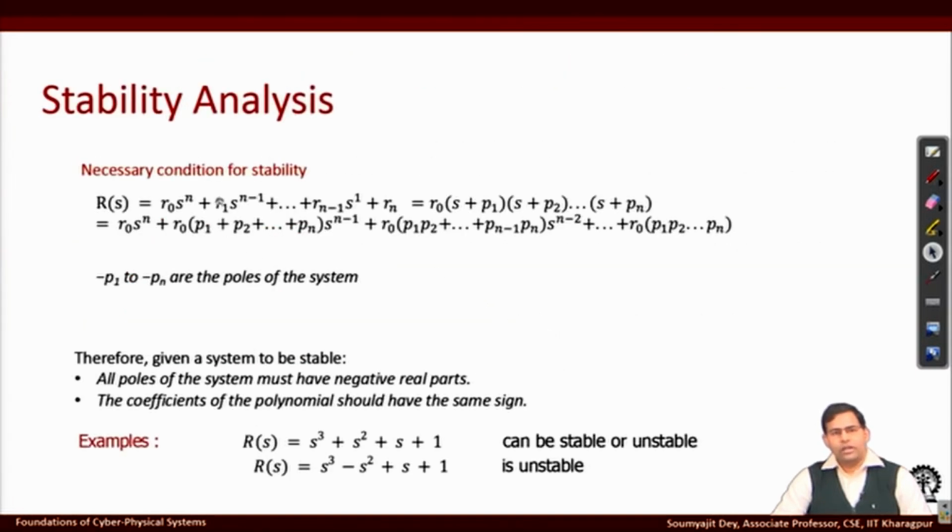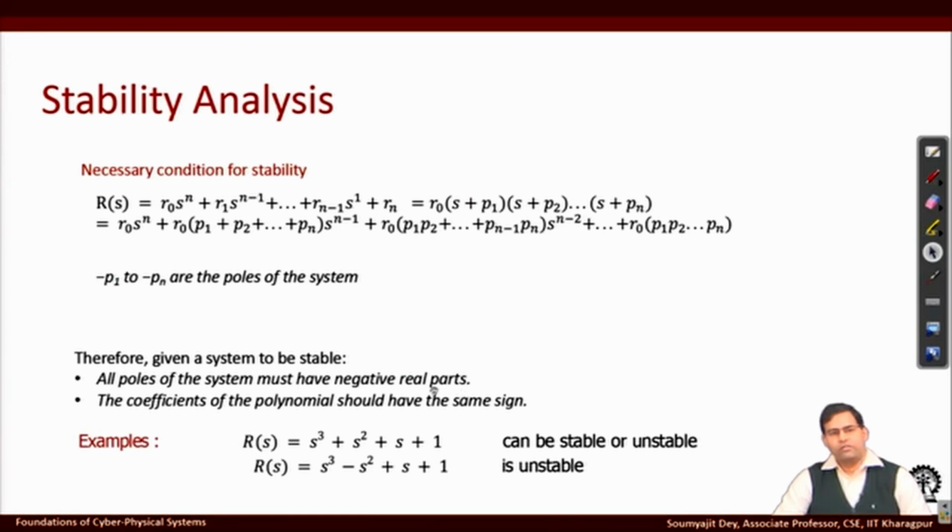So, again repeating, the necessary condition would be like this. Let us say this is your polynomial here, and from this polynomial if you create the factors and find out what the pole positions are, these are all poles of the system, and for the system to be stable, all these poles must have negative real parts.